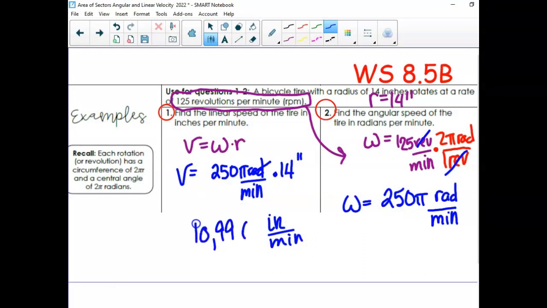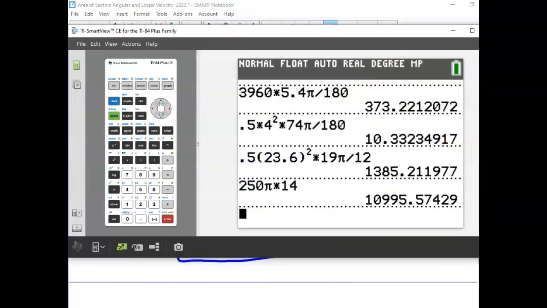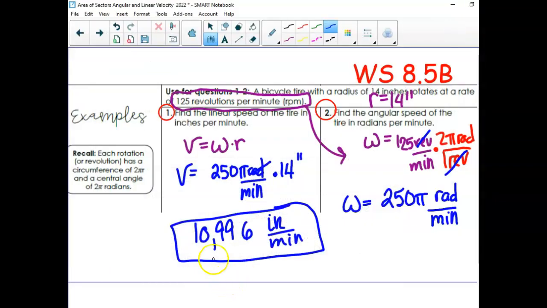It's just that it's so fast. Now, on a quiz or test, that might ask you to convert to feet, and we'll do some like that. But it just said here inches per minute, and that's what we wound up with. And I don't care if you put 10995 point whatever it was. Did I write it down right, guys? 10995.6. I just rounded it. Too many places. All right.